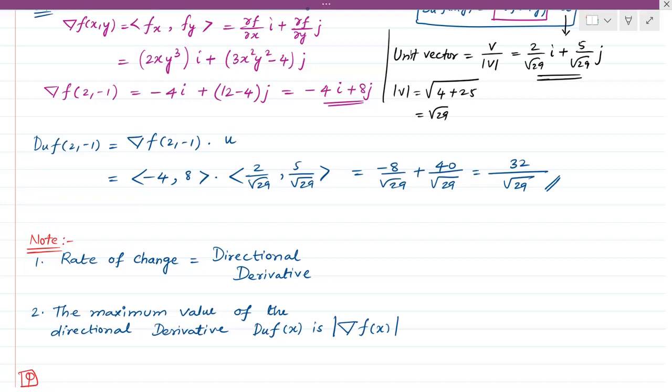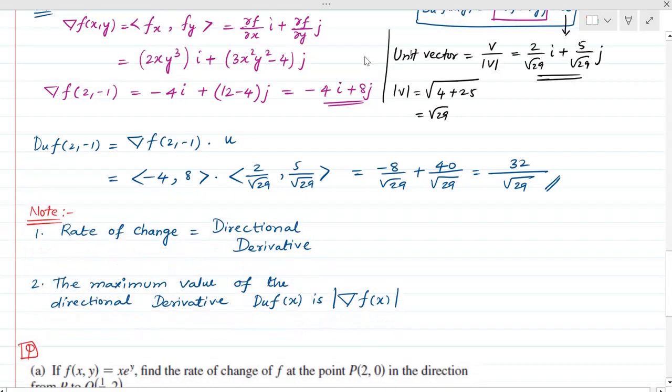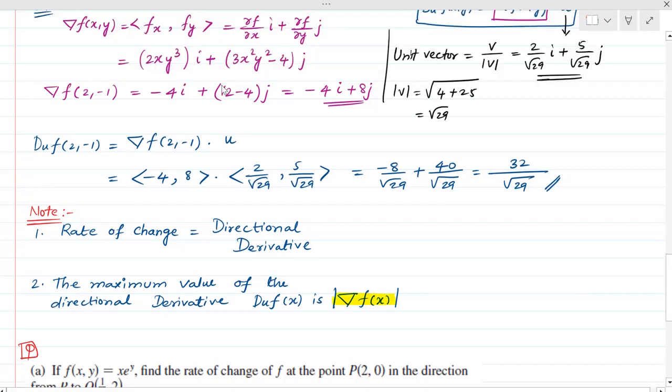Now, a very important note here: we also call the directional derivative the rate of change. If you want to calculate the maximum value of the directional derivative, I will take the absolute value, that is the magnitude of the gradient vector. That gives the maximum value.